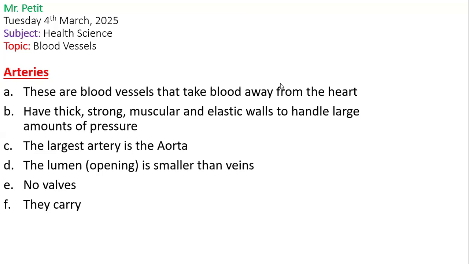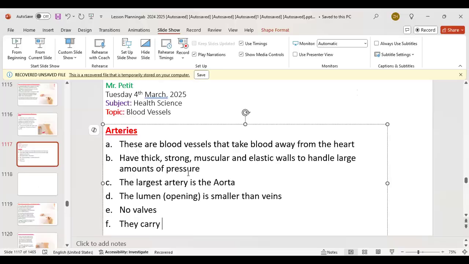Just to make her feel better, I'll say I think it's deoxygenated. Sashanik, you want to try again? No, sir. All right, they carry oxygenated blood. Okay, they carry oxygenated blood.